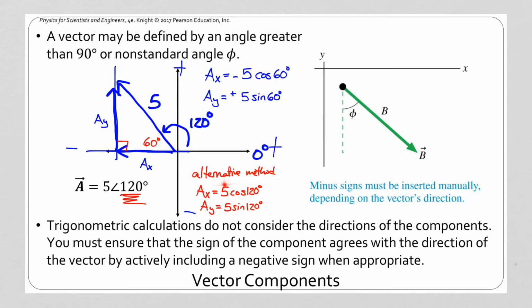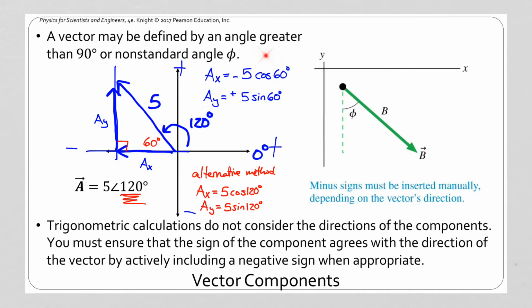In this case, the plus and the minus are built into these quantities. This quantity is negative already, so you end up with the same value here. You don't need an external negative sign here because it's built into the cosine of 120 degrees. This is already a positive value, so it matches what you get there as well. So as long as you use standard form, starting from the positive x-axis and measuring counterclockwise from 0 to 360, this will work.